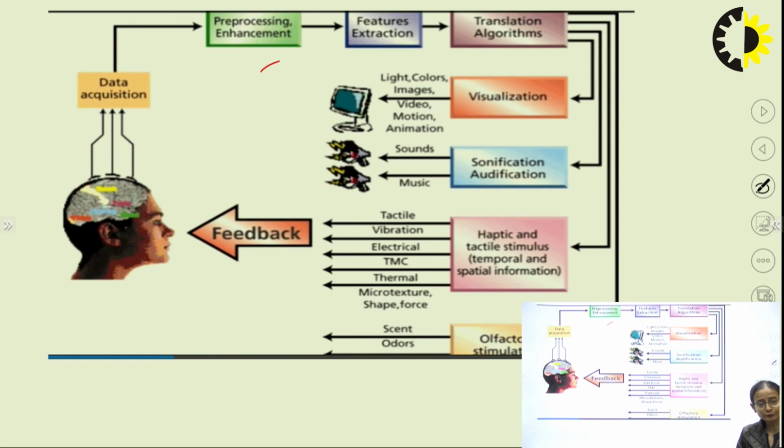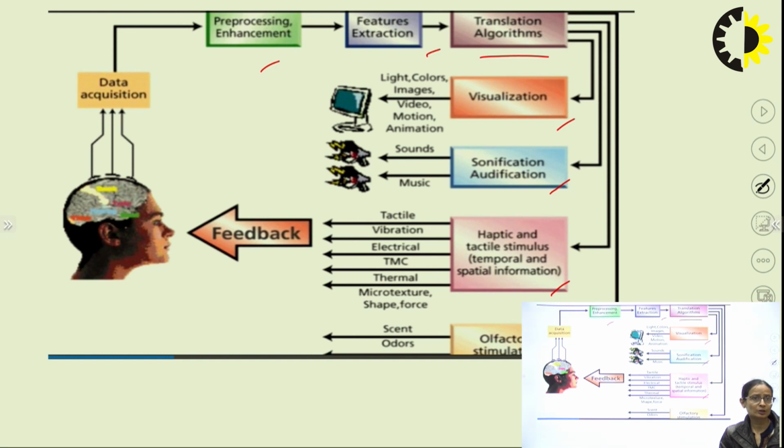After the features are extracted, these extracted features are sent to the translation algorithms. Now these translation algorithms are of various varieties. They can be used for visualization, sonification or audification applications. Then we have haptic and tactile stimulus, and olfactory stimulation.